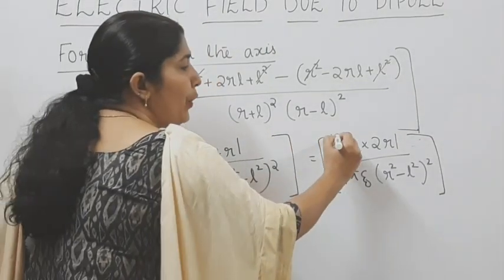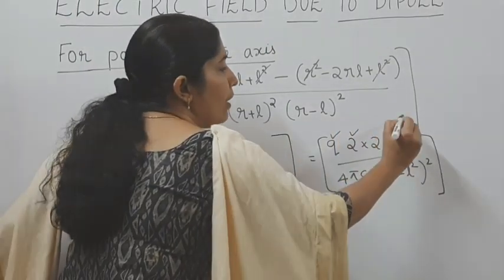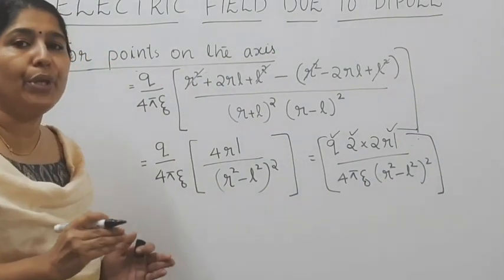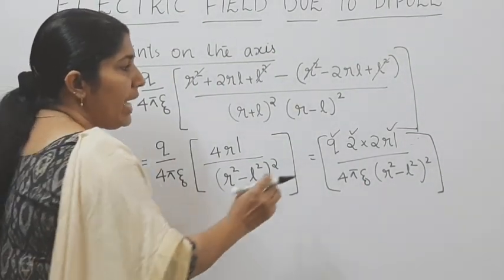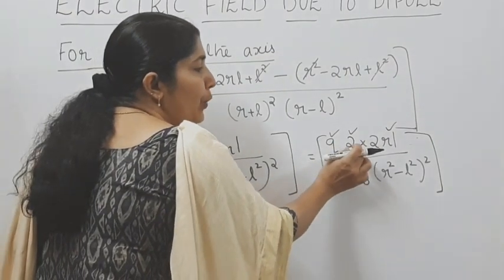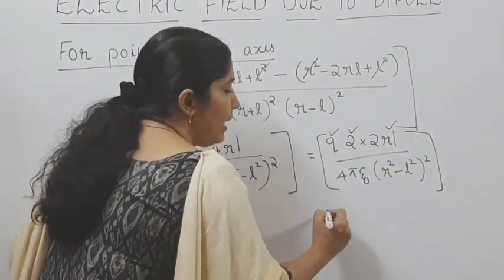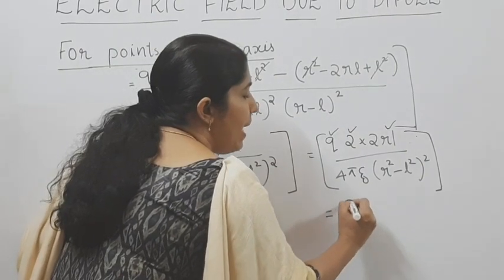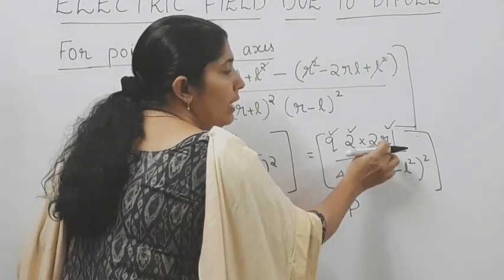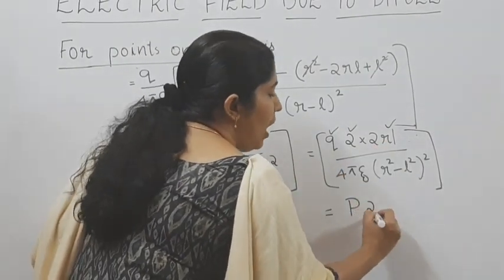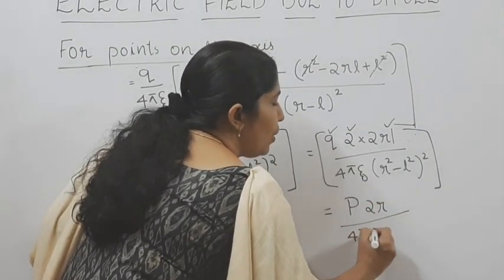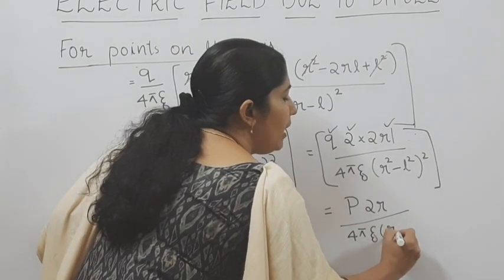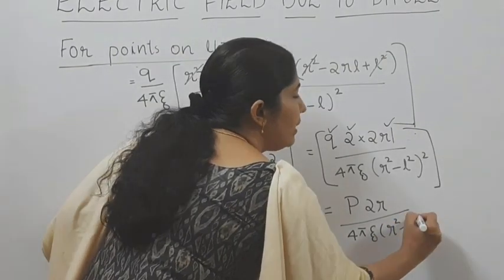What about Q into 2 into L? Q into 2L is equal to the dipole moment. Then instead of Q into 2L, we can write dipole moment P into 2R divided by 4 pi epsilon 0 into (R square minus L square) the whole square.